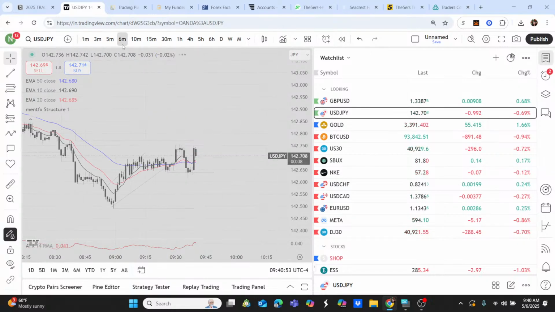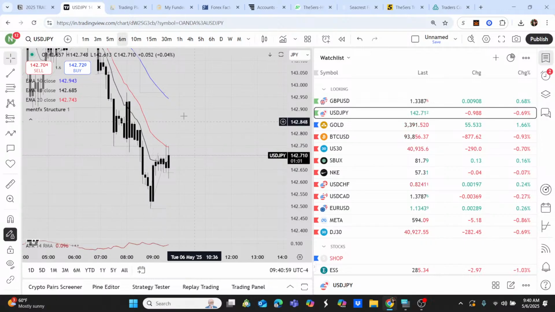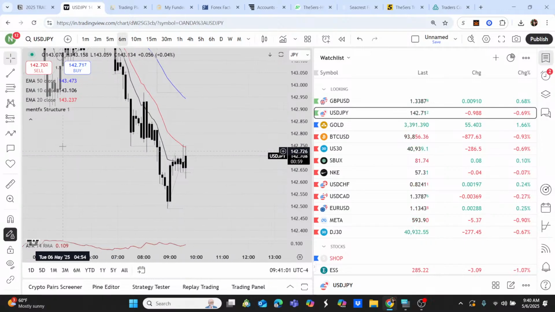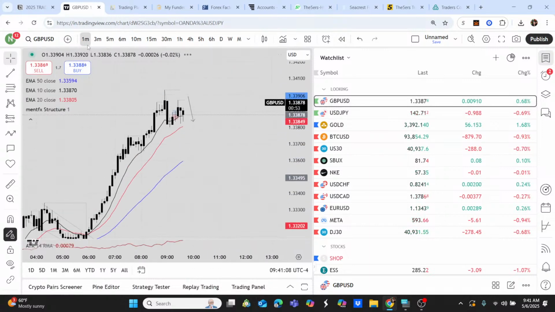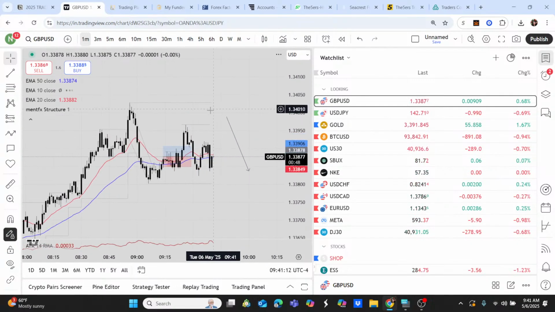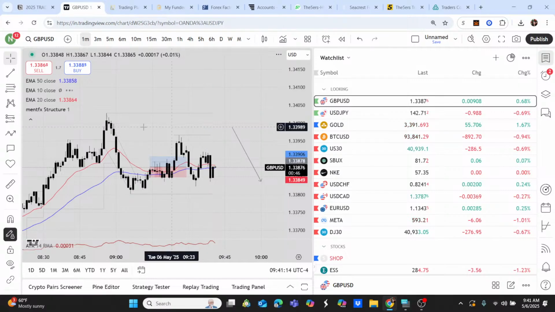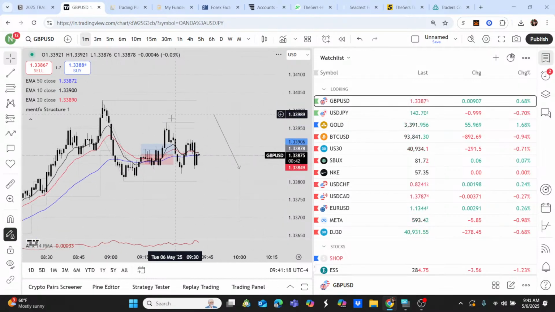So far right here, if I'm looking at this, it's still valid for 1 minute potential entries. Let me take a look at GBP USD. GBP USD's been playing around a little bit.